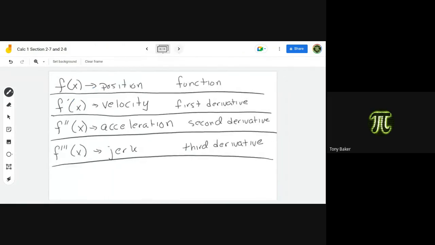All right. Here are those equations or those statements of what they mean.